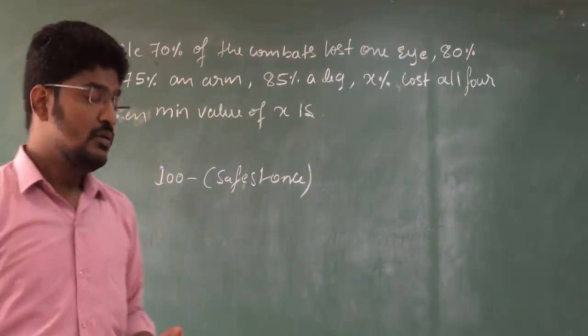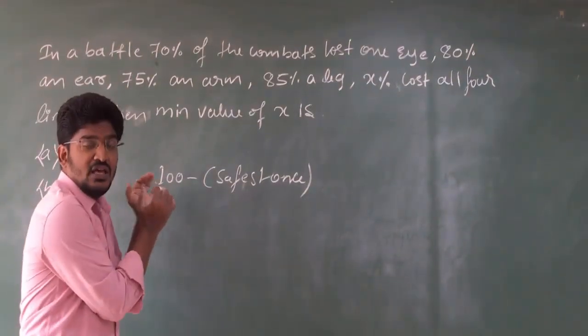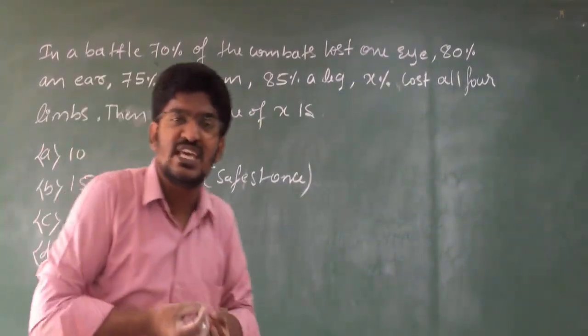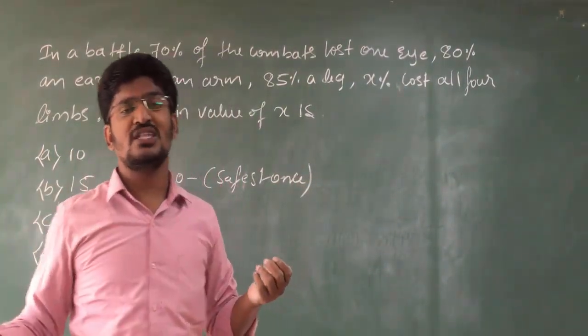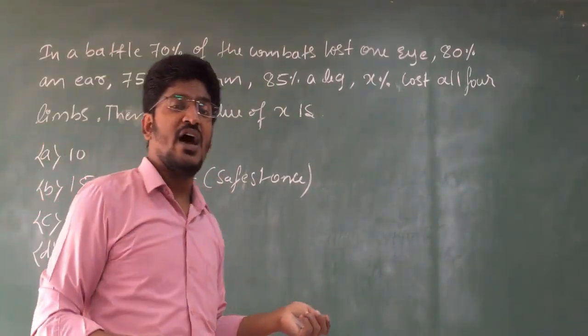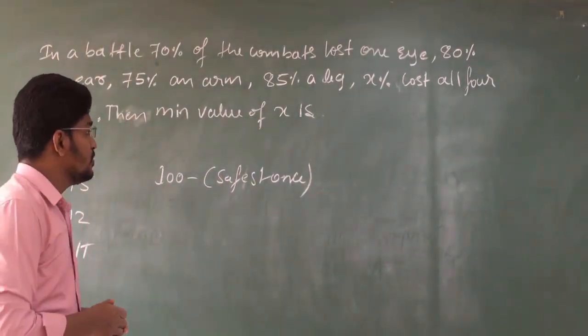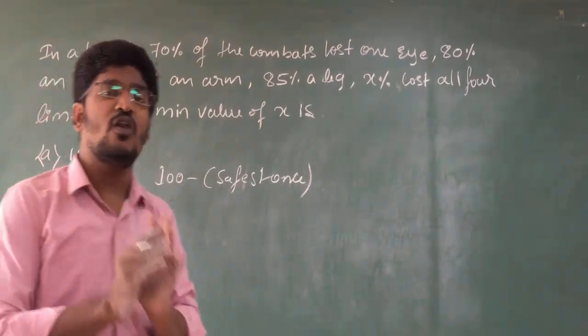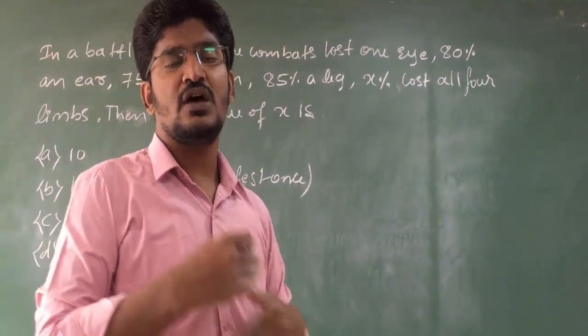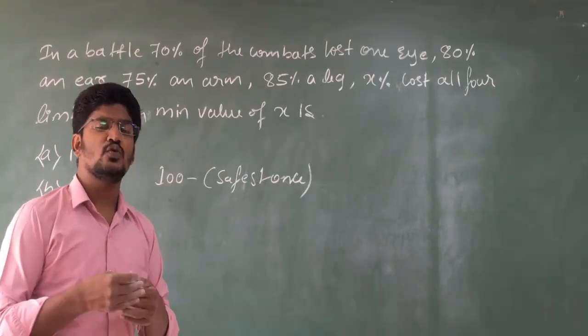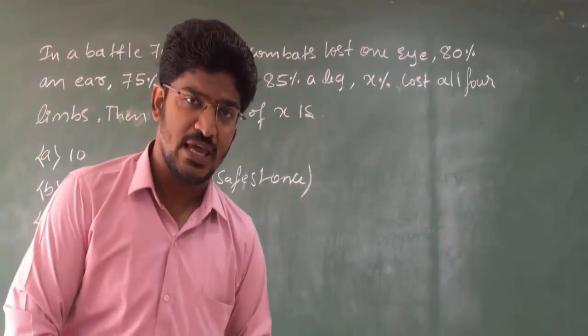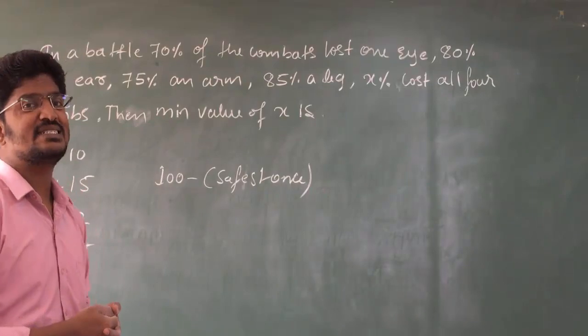Clear? There are 100 people. In this 100 people, there are some safe people. There are some who lost their ear, their leg, their hand or something. But some of the people have lost everything, all 4 limbs. If you want to calculate who have lost all their 4 limbs, please understand here.